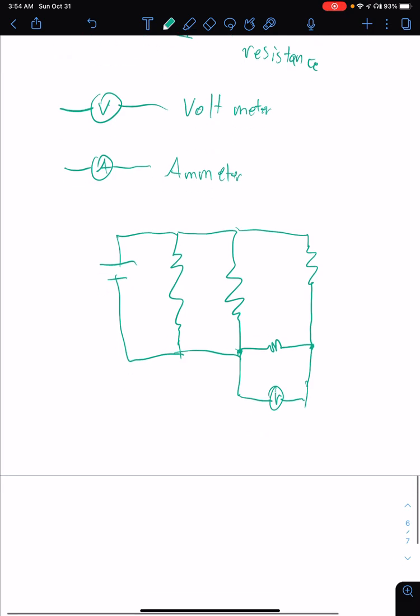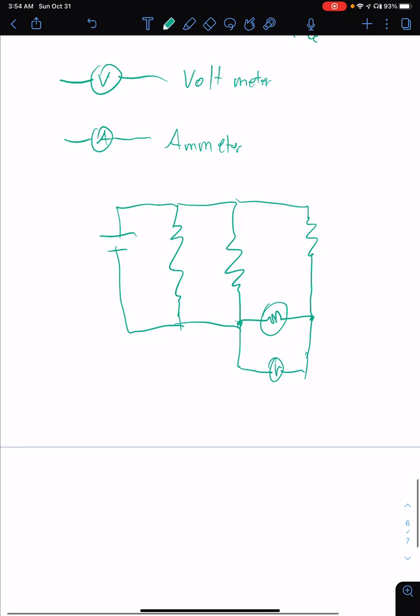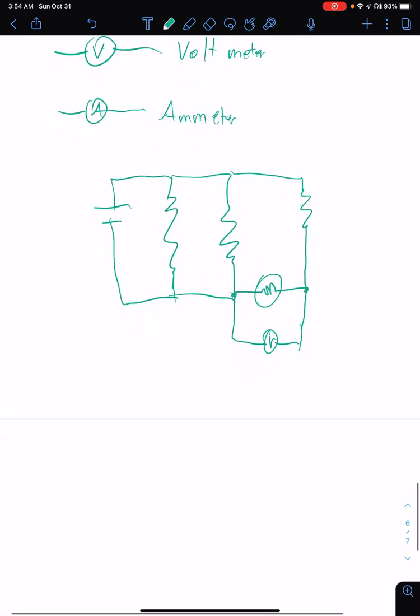They're just asking you for the voltage across this resistor, which is a lot easier task than you would probably think. I'm just going to go over it quickly.